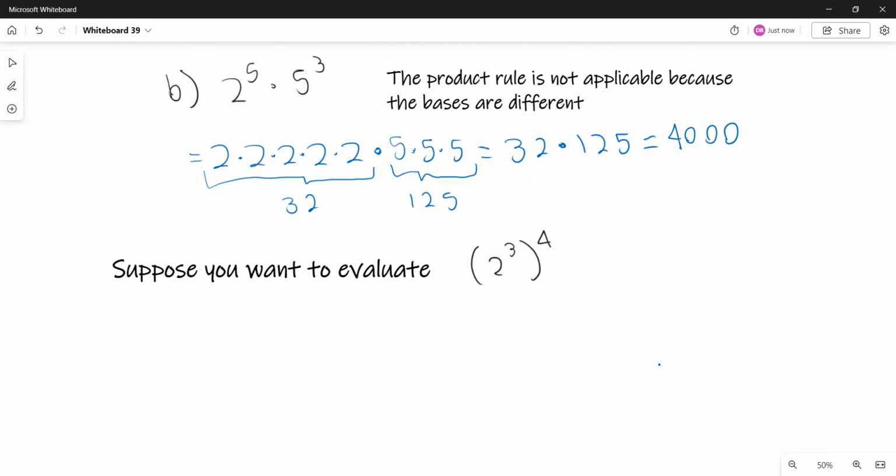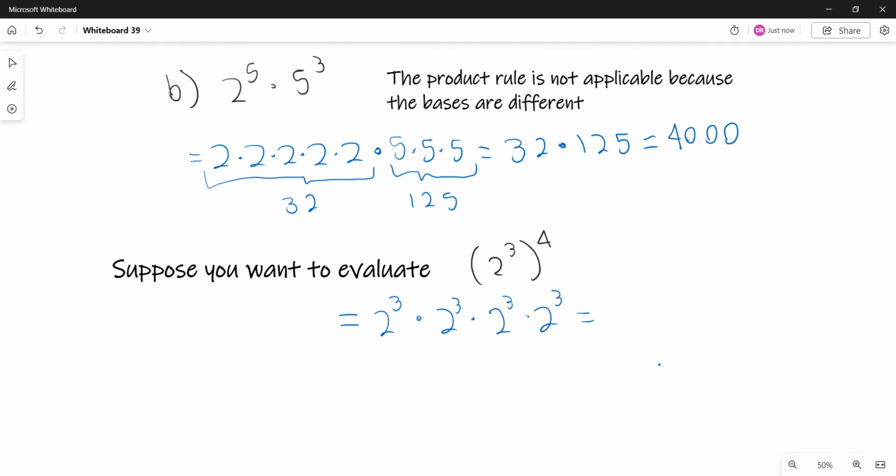The definition of exponent tells you that this is 2 to the third multiplied 4 times.